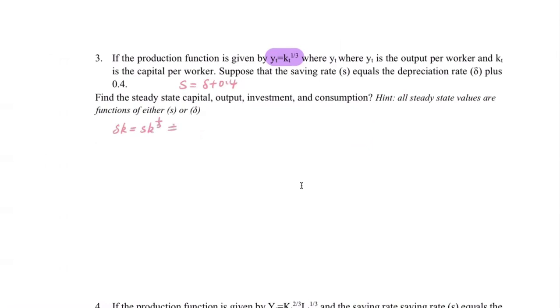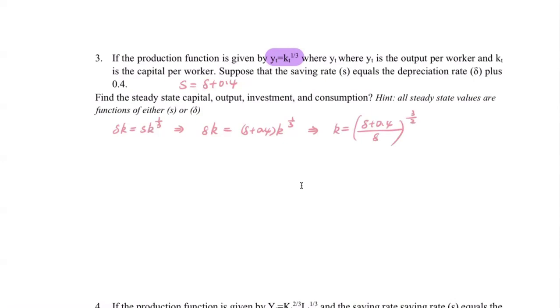So according to this equation, S equals delta plus 0.4, so delta K equals (delta plus 0.4) K to the power of 1 over 3. And then you can get K equals (delta plus 0.4) divided by delta. So now this is the K's value.